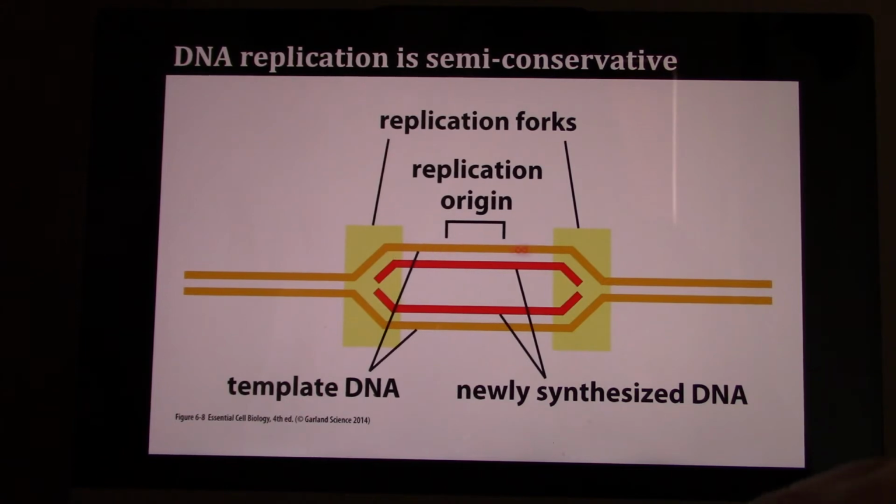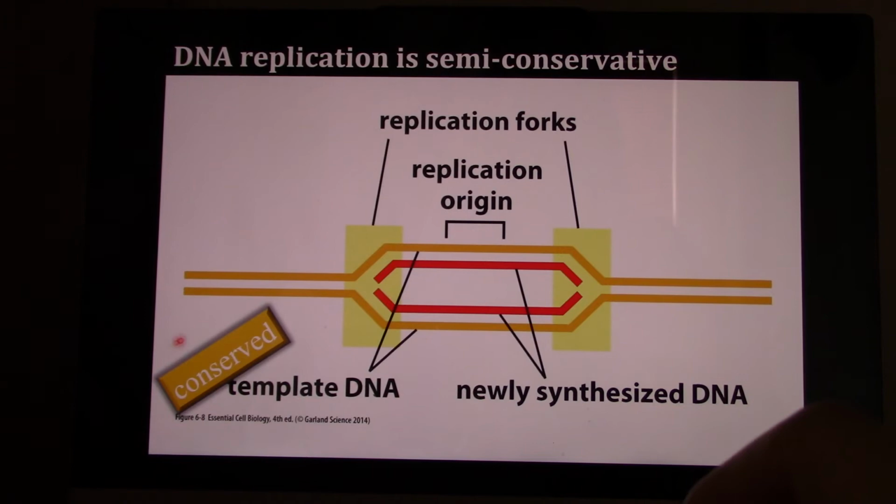Those old orange strands are the template strands. That's the conserved part. So semi-conserved, right? We've got conserved orange strands. Each orange strand is being used as a template for the DNA polymerase to make a new strand.